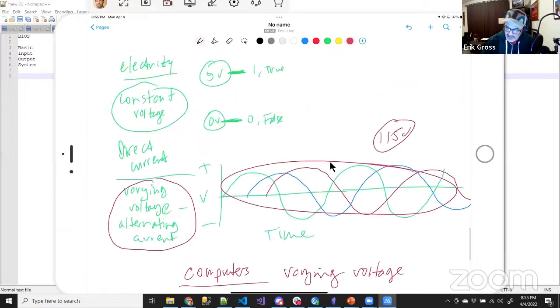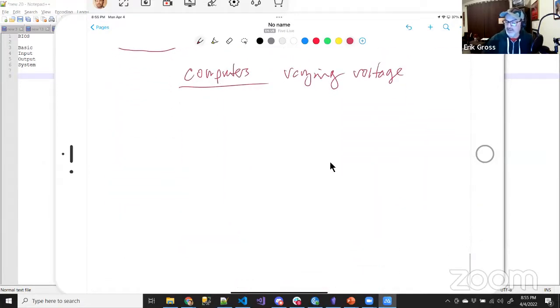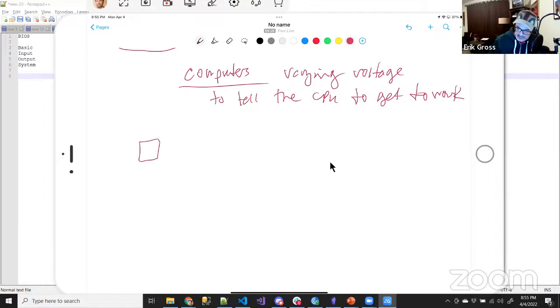We've already said that we don't want varying voltage when we're representing data, but we do want it to tell the CPU to get to work. And this is how it works. We have a little teeny device called a clock, and it puts out electricity. There's a positive. That's a positive. Nice. And it comes out of it on a wire.